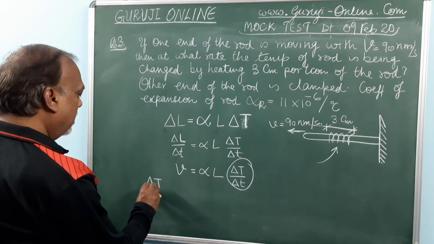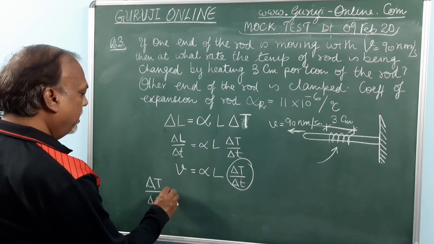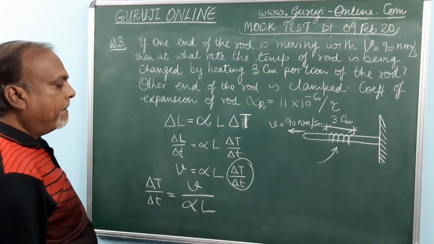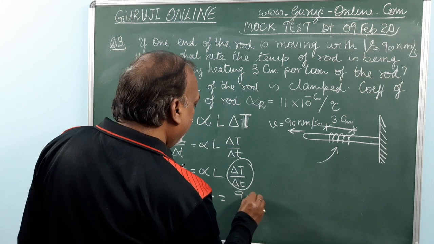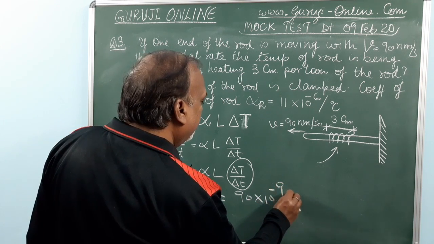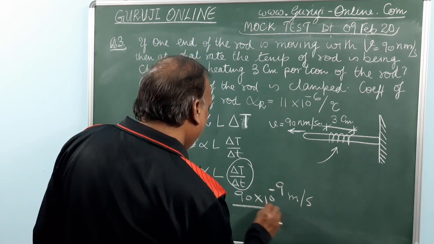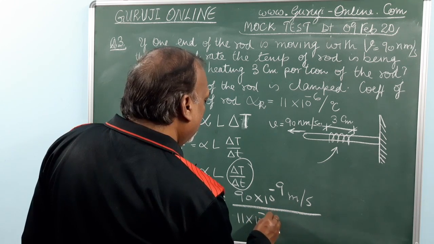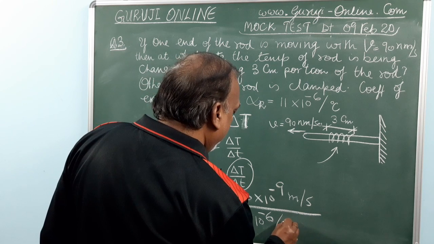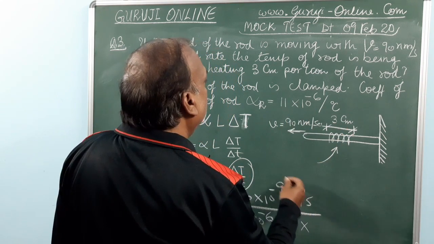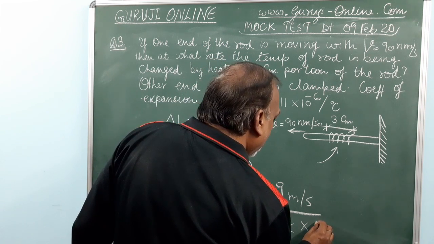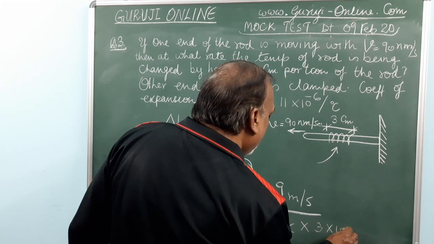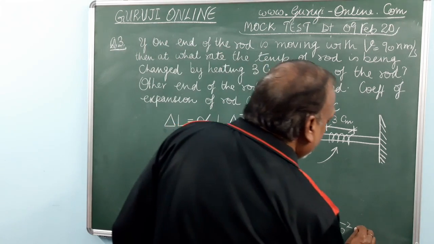Delta T upon delta t will be nothing but V upon alpha into L. V is nothing but 90 into 10 raised to minus 9 meter per second, upon alpha, which we are given as 11 into 10 raised to minus 6 per centigrade, into L, that is 3 centimeter, or we can write it as 3 into 10 raised to minus 2 meter.